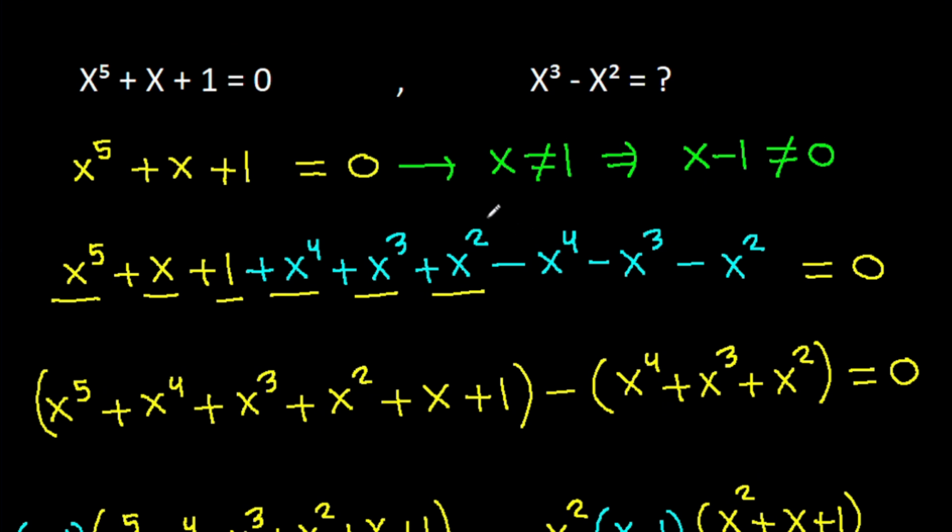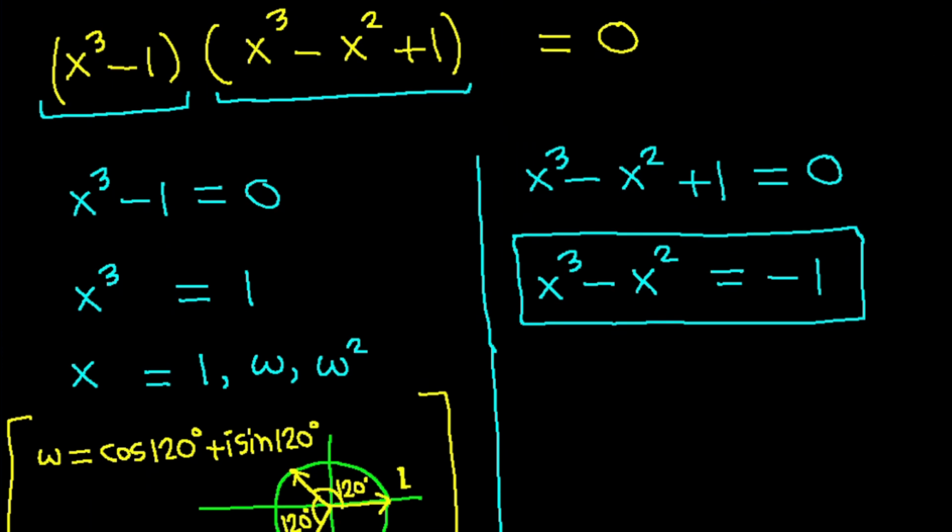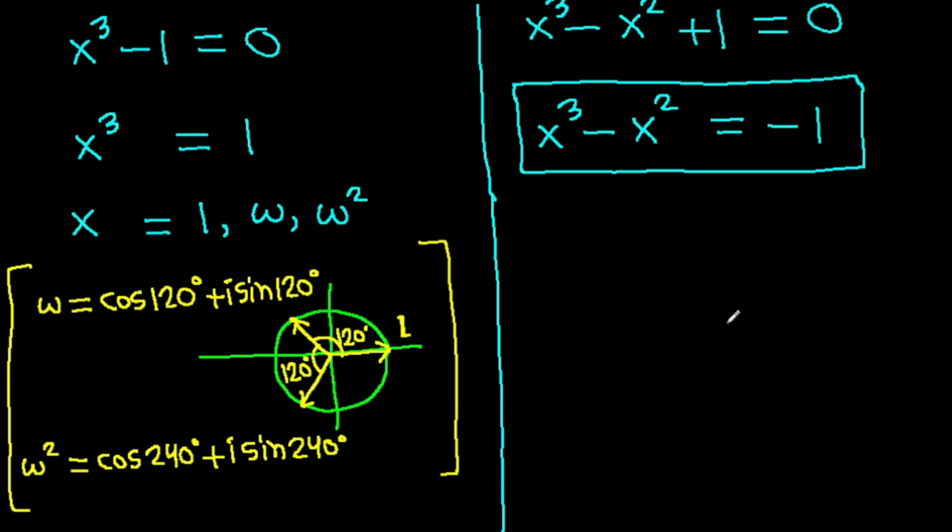And we know that x is not equal to 1. So x can be omega or omega square.